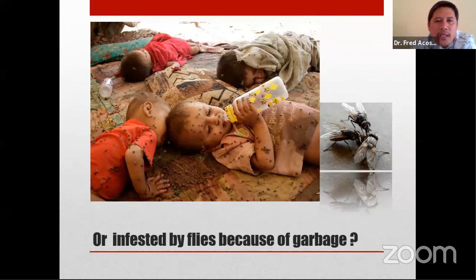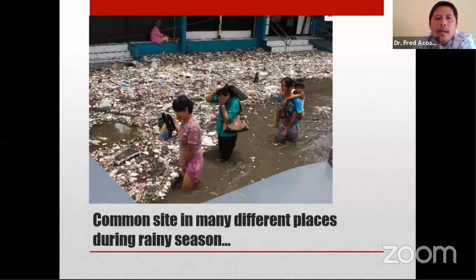So what can we do as common, ordinary people to help solve this problem? I'm not so sure if in India you are also experiencing some flooding.